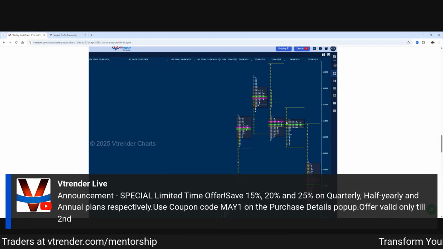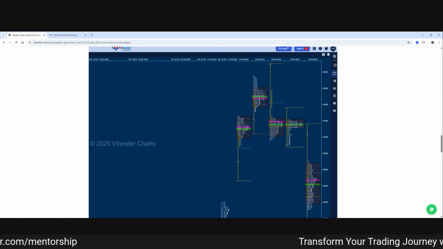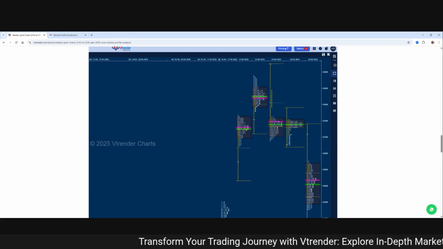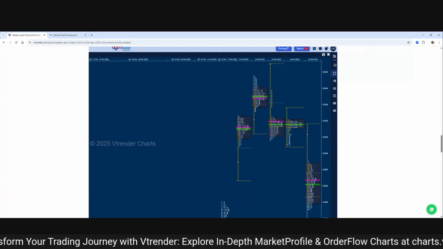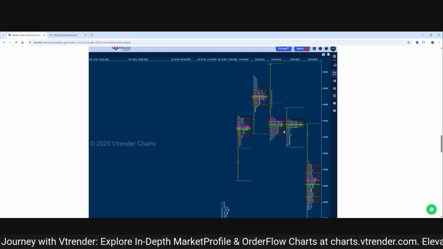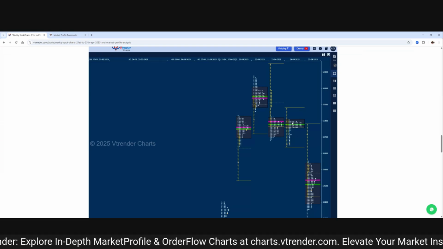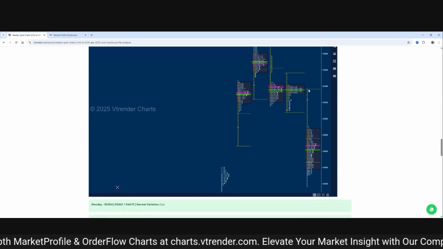So here it formed this important POC, the 2-day POC was at 55350, and this is where the monthly POC has also shifted, and that is where the rollover point of the May series was fixed. So from there on Friday, we saw a move away.